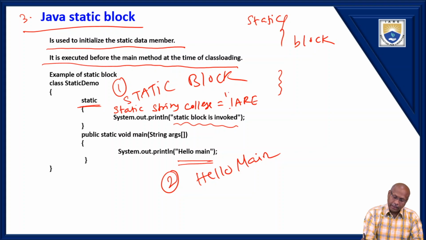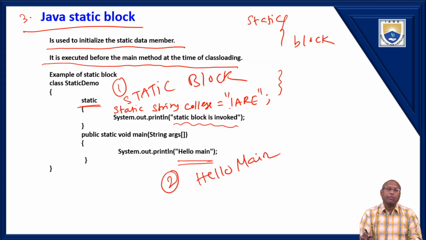You can write all the static variables inside a static block. Similarly, a static method also you can define. That is the main intention of the static block, to define all the static variables, while non-static ones are defined above the static block.